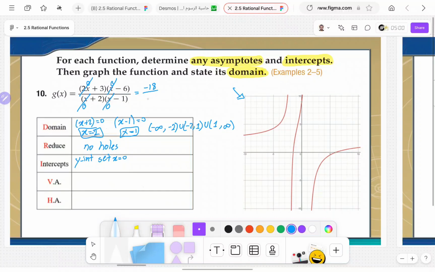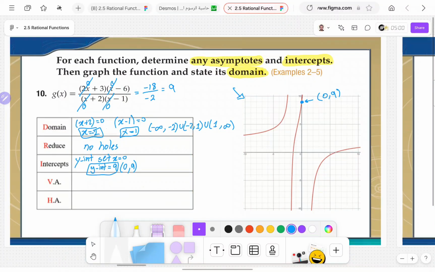And 2 times negative 1 is equal to negative 2. So the answer is 9. So we can just say the y-intercept is equal to 9. And this is what you can see in the graph. If you look at the y-intercept here, this one is 0 and 9. Sometimes you can write it like this, but I prefer to write it as a coordinate because a coordinate is much easier to understand.